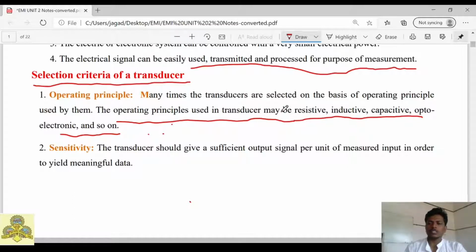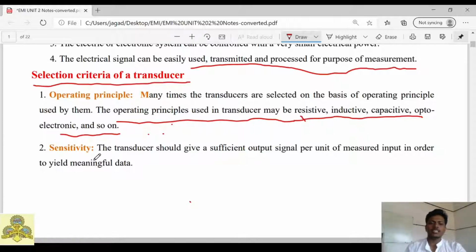The Wheatstone bridge is an example of a resistive transducer, where a physical quantity impacts the resistance of the bridge. In turn, that is converted into an electrical signal, which can be processed, amplified, attenuated, stored, or displayed, depending on the product. So while selecting the transducer, we look at the operating principle.